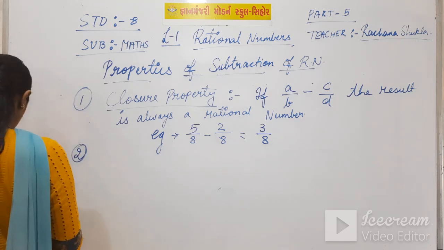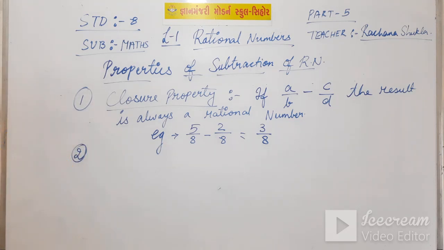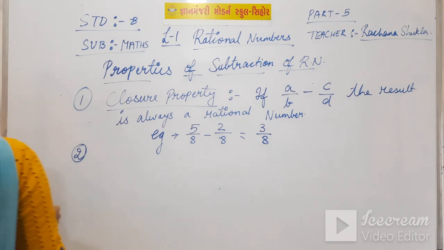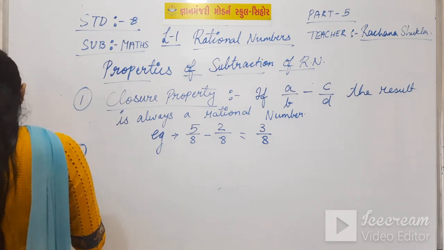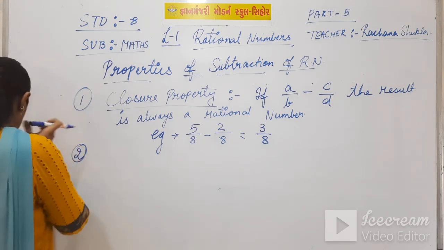Then comes the second property, which is commutative property.